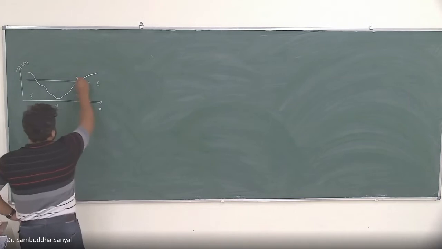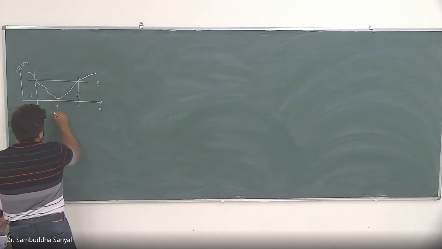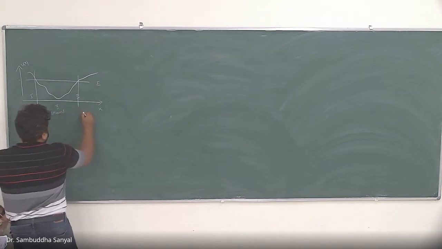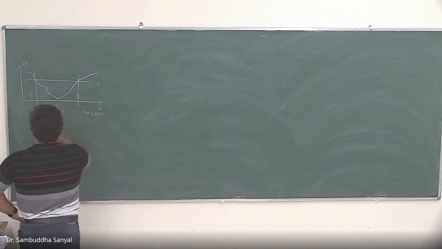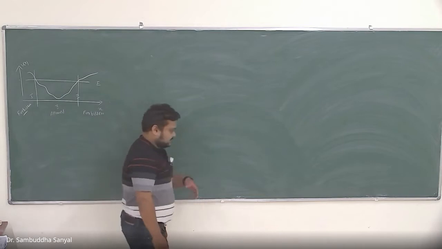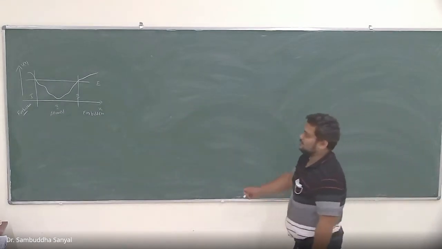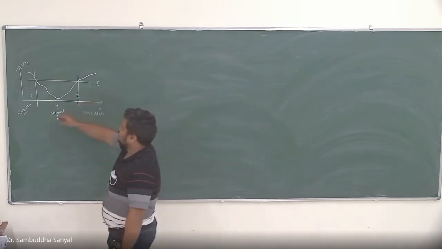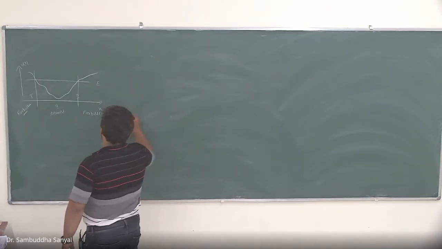Classically, this is your allowed and this is the forbidden region, because a particle cannot go to a place if it has an energy lower than the potential there. So classically, the particle is not allowed to go there.